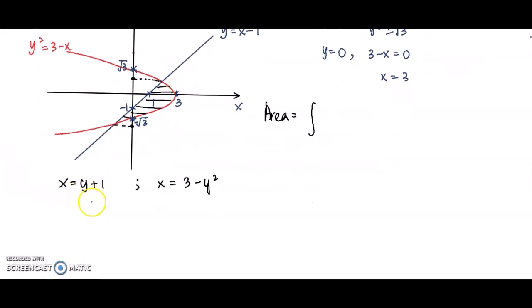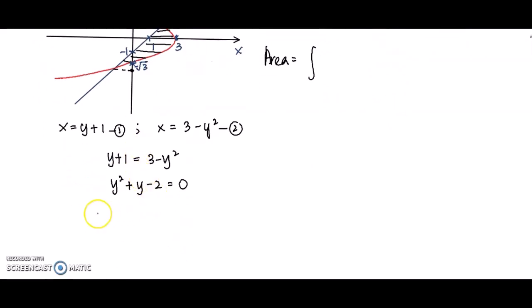Then I equate equation 1 to equation 2, to find the y coordinates of these two intersection points, and I get my quadratic form. 1 minus 3, you get negative 2, equals 0. Solve it, you will get two values of y, which will be the y coordinates of the intersection points.